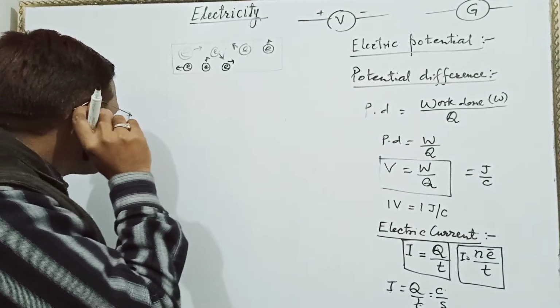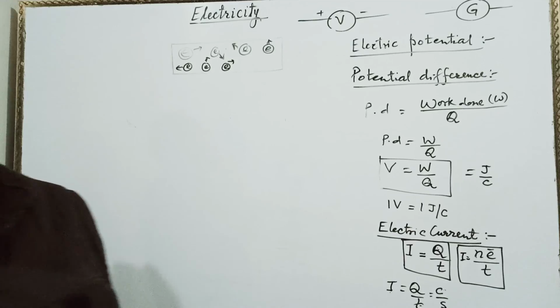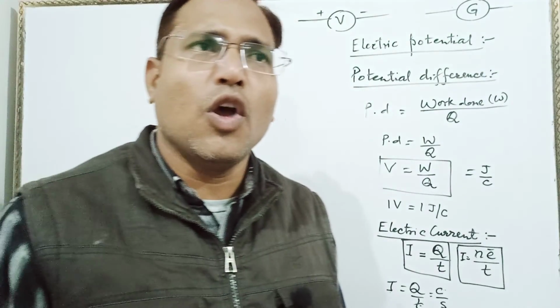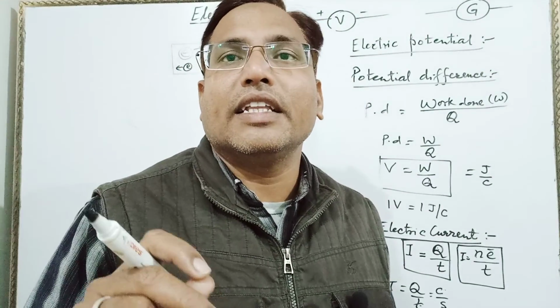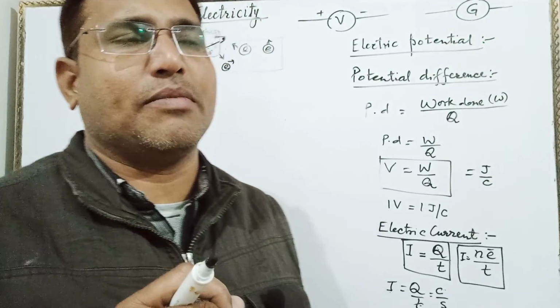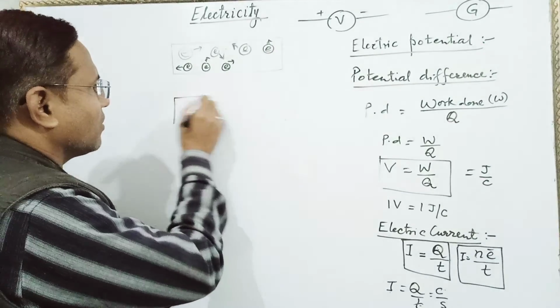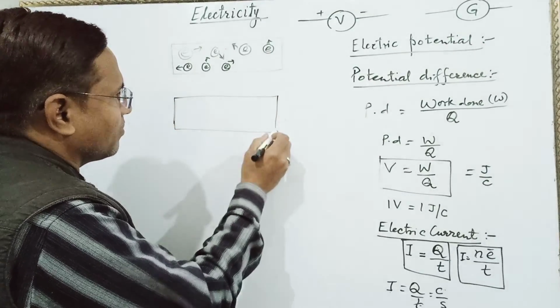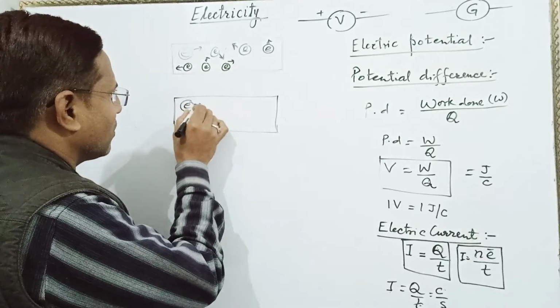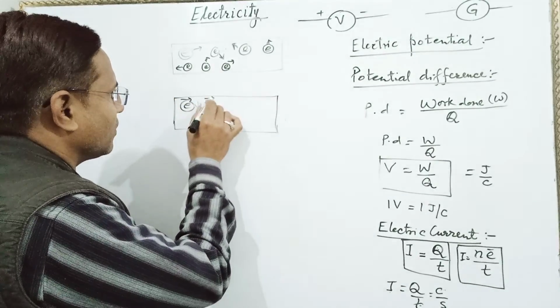But once we start flowing electric current through that wire, then the electrons align themselves, they arrange themselves, and become in this way.